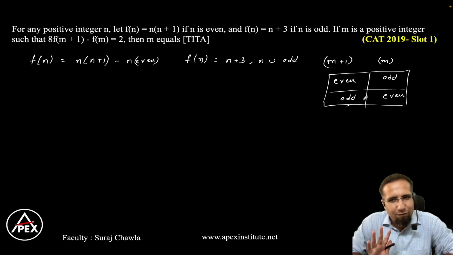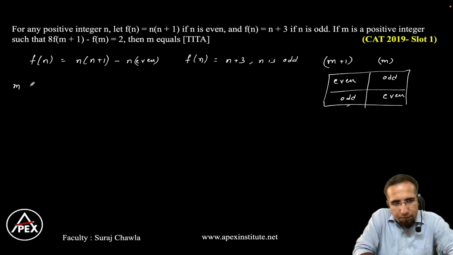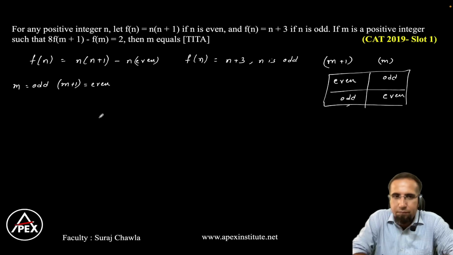Now, so we'll take the first case where m is equal to odd. Okay. If m is equal to odd, that means we eventually have m plus 1 will be even. So I will have 8 times of f of m plus 1. That means I replace, instead of n, I replace m plus 1.